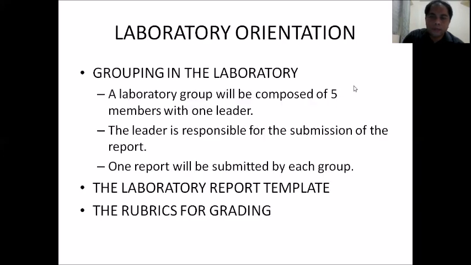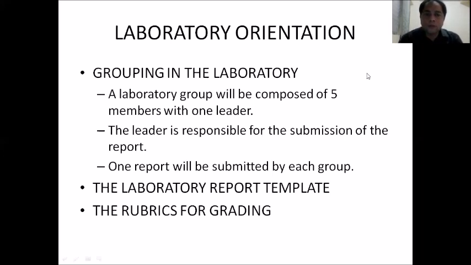Let's have our slide number 2. For our lab orientation, we plan to group you in one particular Physics 1 class. The maximum number of students in one group will probably be 5. But of course, if your teacher decides to have different groupings or number of groupings, then the teacher will just announce it.